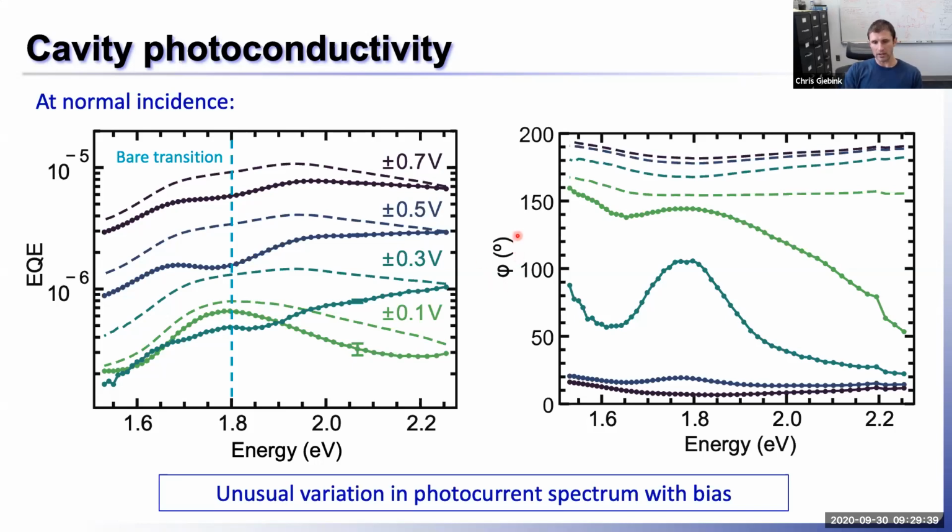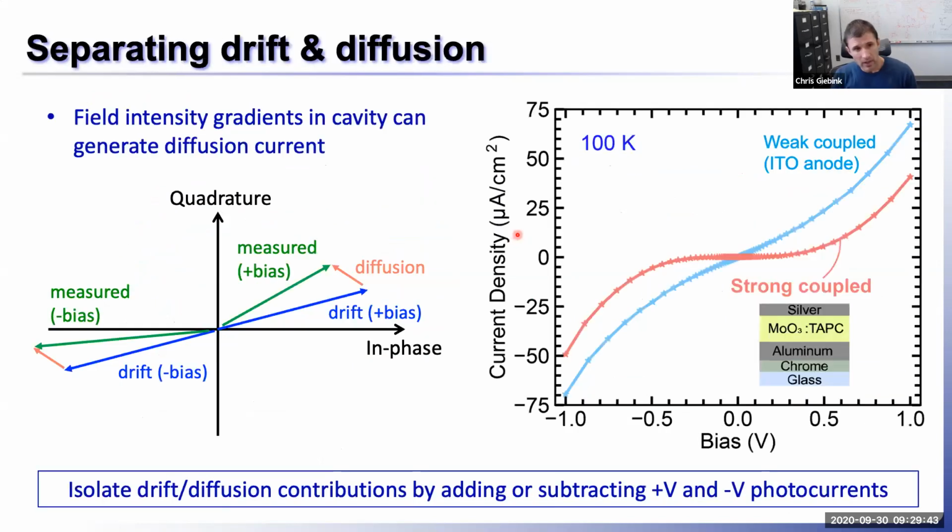So this was very puzzling in the beginning, and what we realized was that the photocurrent that we're observing has two components. So there is the drift in response to the electric field, but of course there's also a diffusion contribution that we hadn't originally thought about. And that's just because we've got a gradient in the optical field intensity profile in the cavity that leads to diffusion of these excited Polarons.